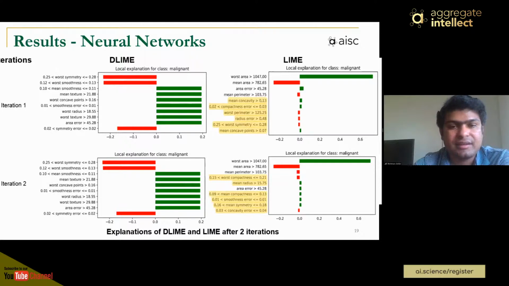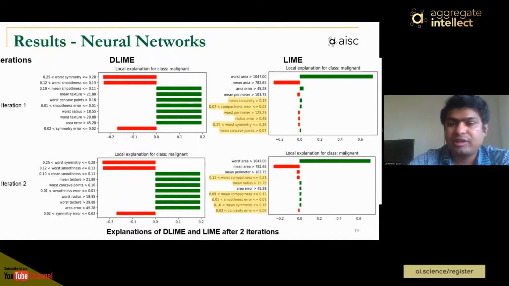So that is the uncertainty. These results are not consistent. But if you look at DLIME, these results are consistent. So what do the red bars and green bars mean? Red bars are the negative coefficients of the linear model, because we are using a linear model to generate explanations, and green bars are the positive coefficients of that linear model.